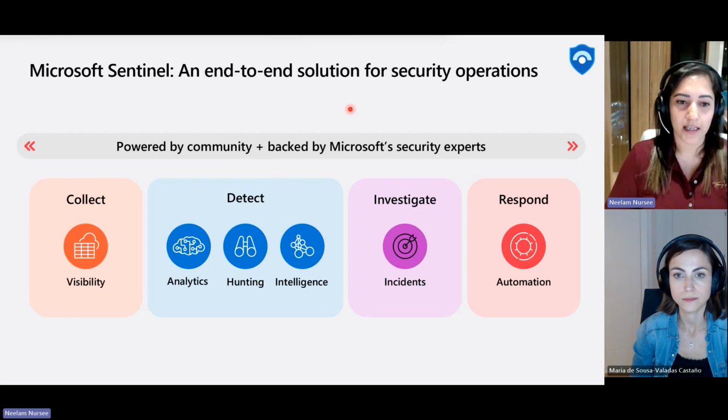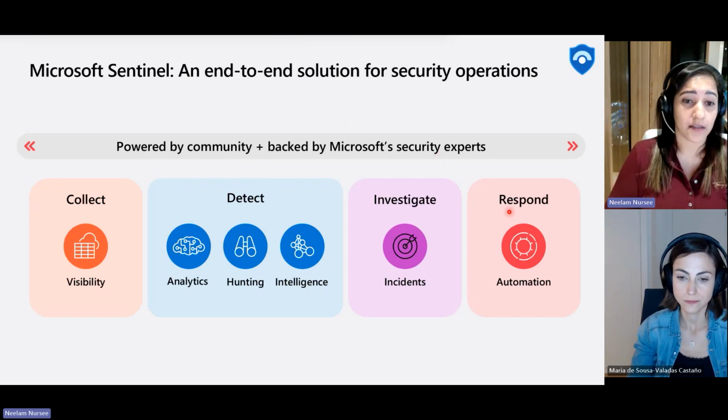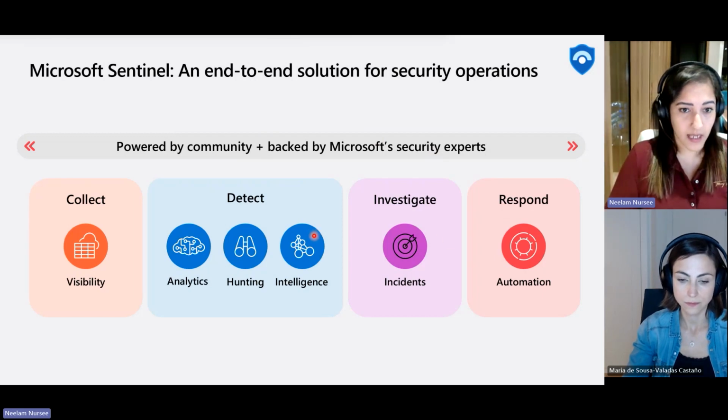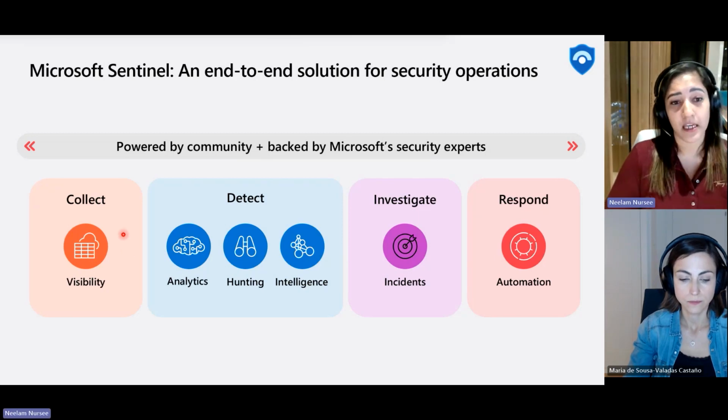Sentinel is essentially your bird's eye view across the enterprise, reducing the stress of increasingly sophisticated attacks, increasing volume of alerts, and long resolution timeframes. The four capabilities of Sentinel are highlighted here. First, we have data collection at scale to create visibility across all users, devices, applications, and infrastructure.